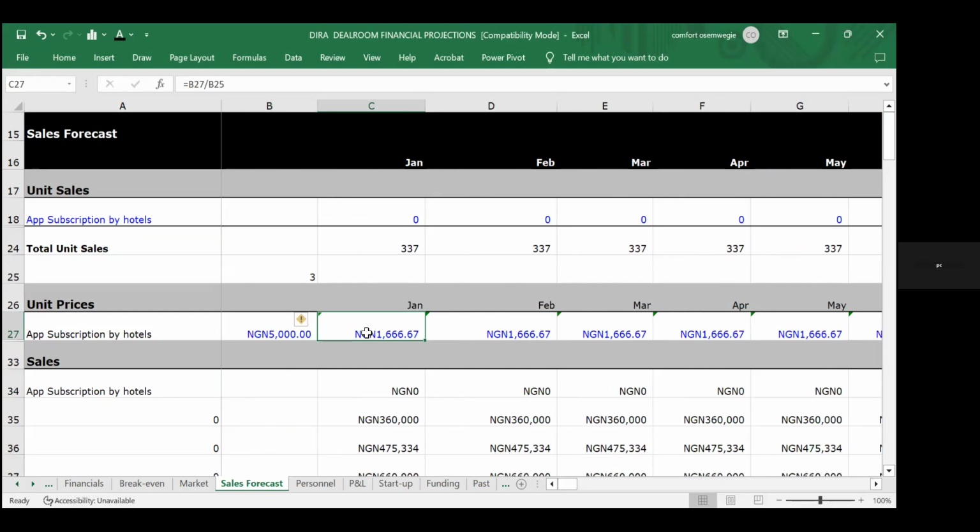So this model has been changed a bit, so I'm going to edit this one.